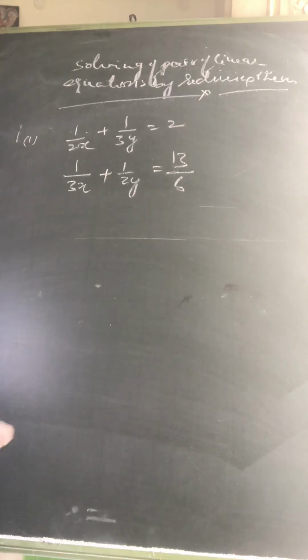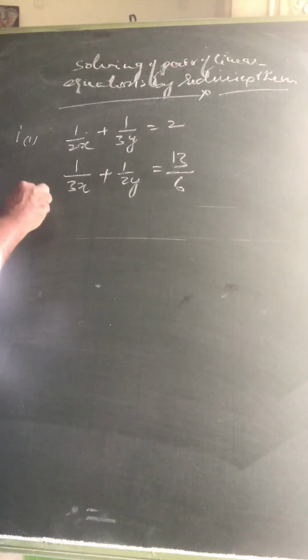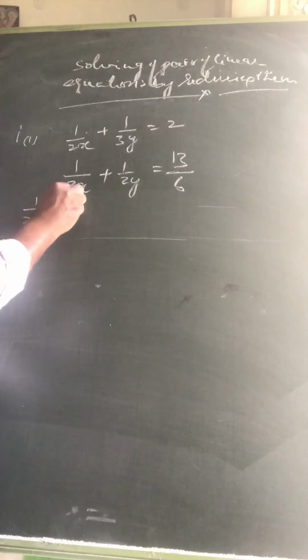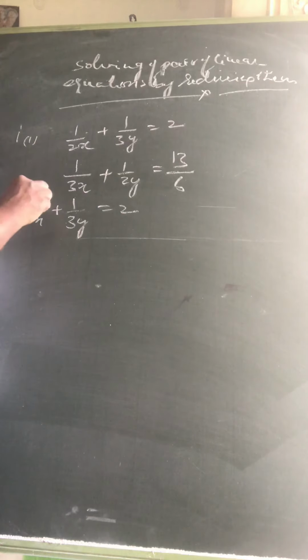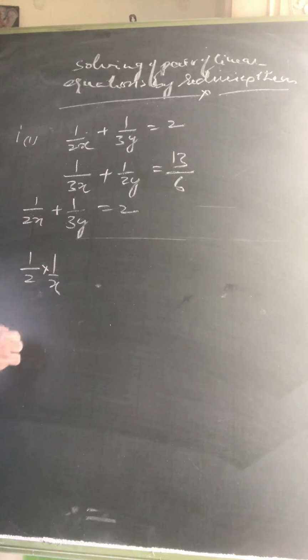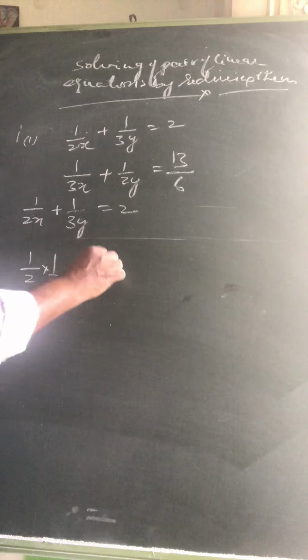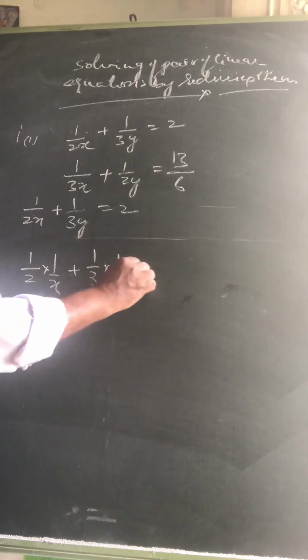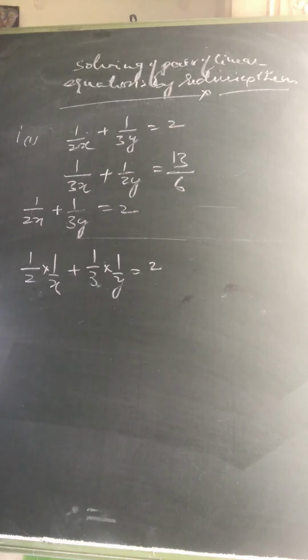So take the first equation, 1 by 2x plus 1 by 3y is equal to 2. You can write this as 1 by 2 into 1 by x plus 1 by 3 into 1 by y is equal to 2.